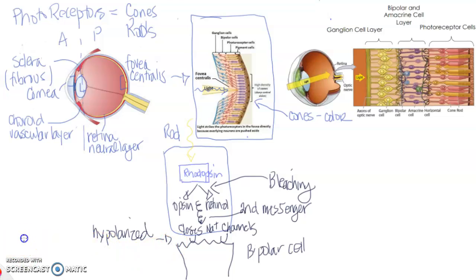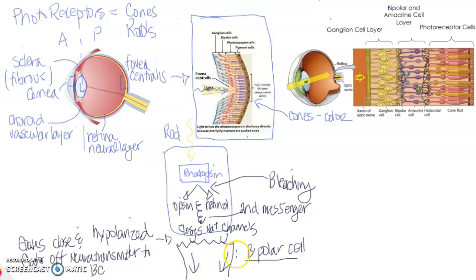So gates close, and cuts off neurotransmitter to the bipolar cell. Okay, so when that happens, it makes the bipolar cell fire because it's like, uh-oh, something's wrong.